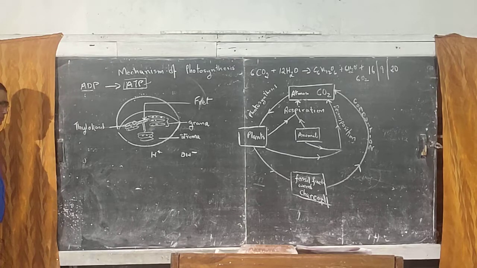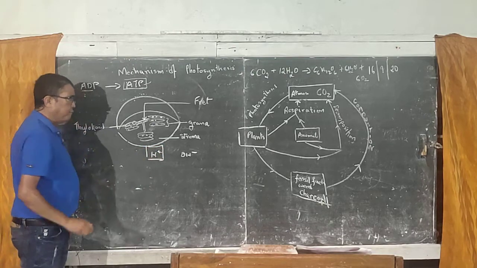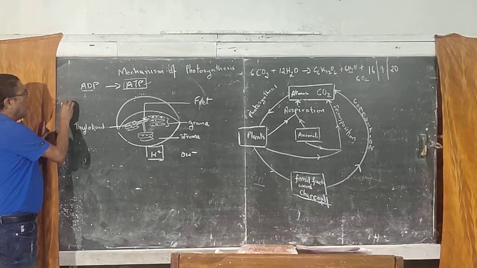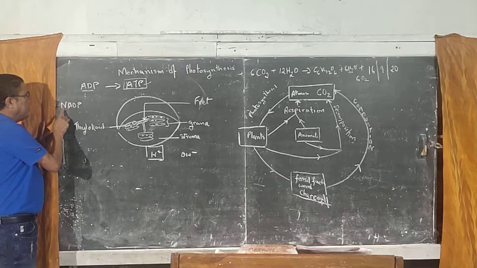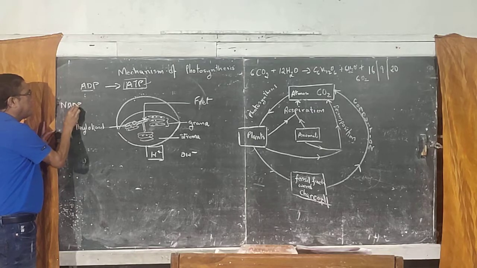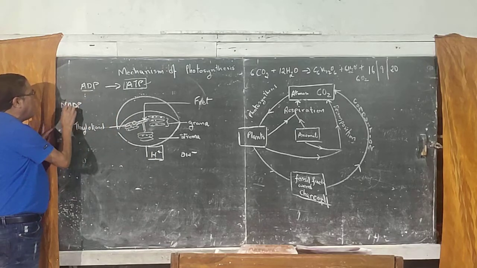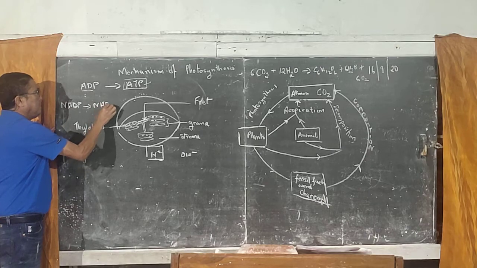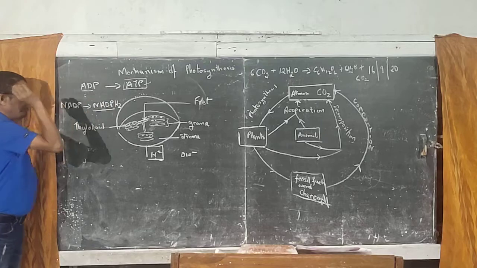Now, the hydrogen ions formed as a result of photolysis combine with another compound called NADP, nicotinamide adenine dinucleotide phosphate. Hydrogen ions combine with NADP to form NADPH2, which is a reducing agent.